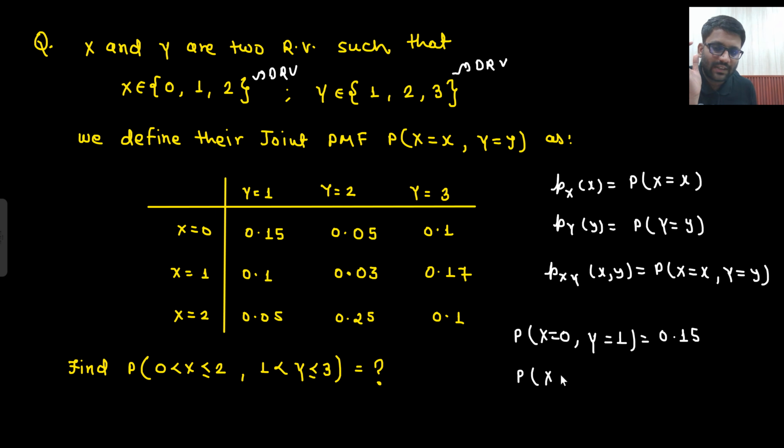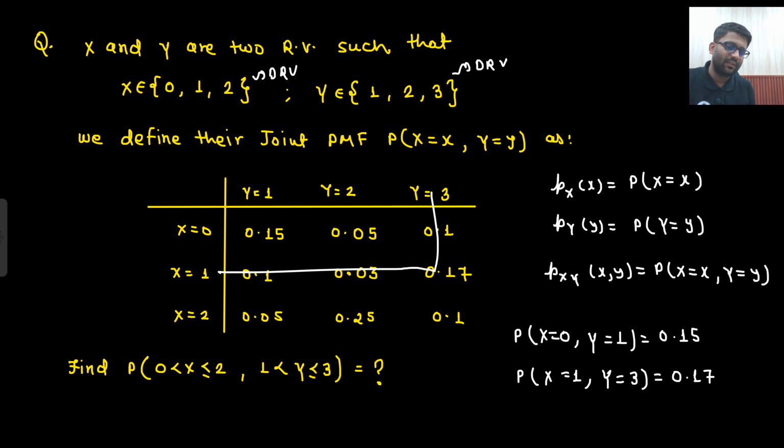Now what do you think is the answer of this? Probability of random variable X taking value 1 and Y equals 3. X equals 1 and Y equals 3, that means this is 0.17, right? X equals 1 in this line and Y equals 3, which is this particular entry.